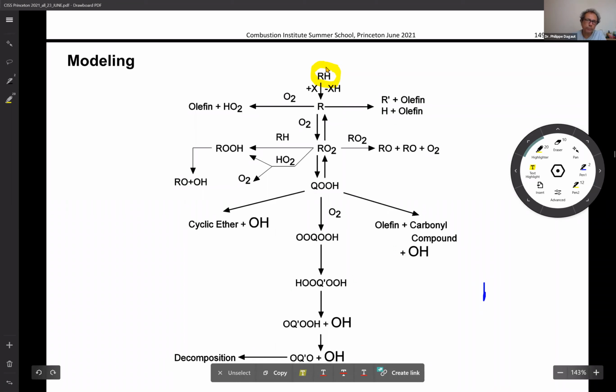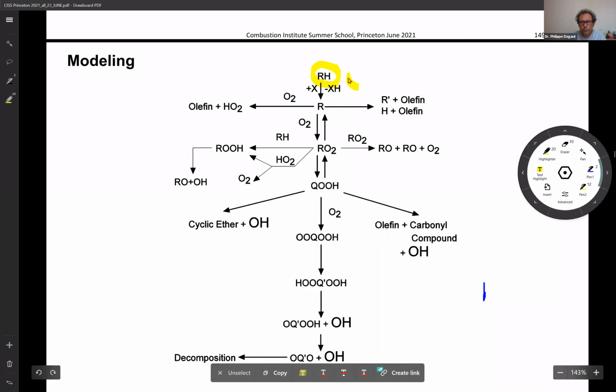This abstraction most likely will occur through reaction with OH radicals. And these OH radicals will form H2O and produce an alkyl radical here.